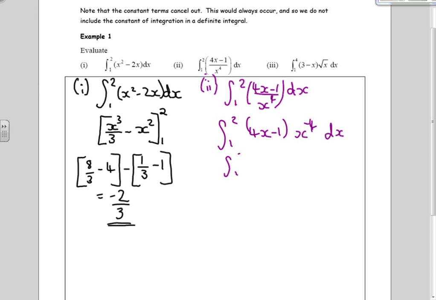And putting that into the bracket gives me integrate between 1 and 2 of 4x to the minus 3 minus x to the minus 4. Still evaluating with respect to x.